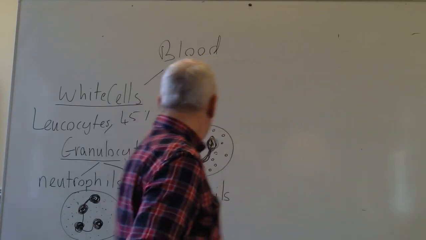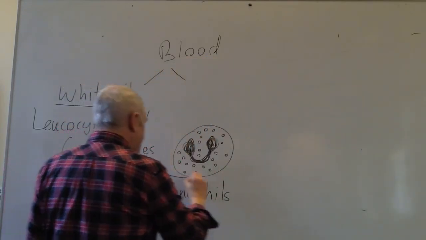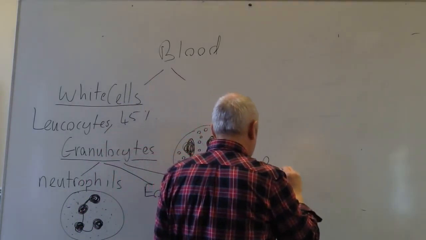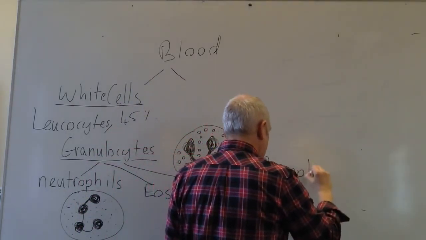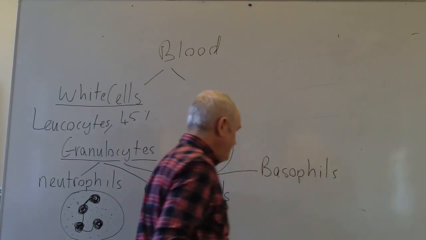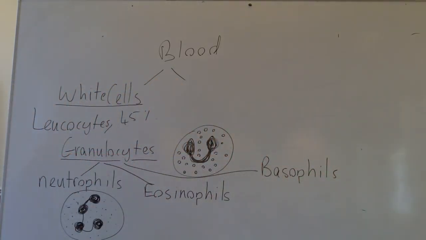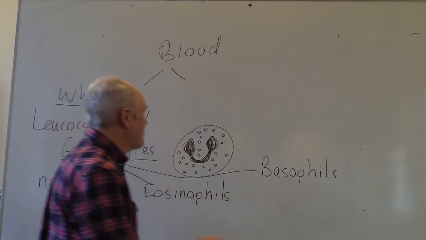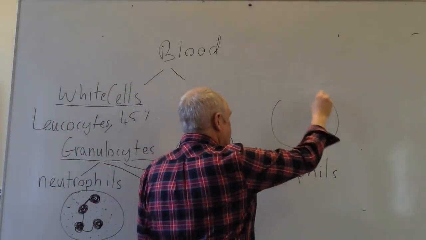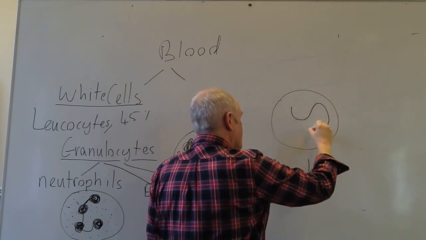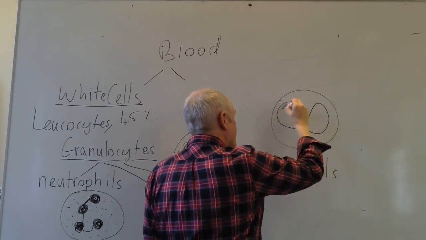Now there's a third sort of granulocyte, and the third sort are called basophils. And basophils do have a sort of horseshoe-shaped nucleus.